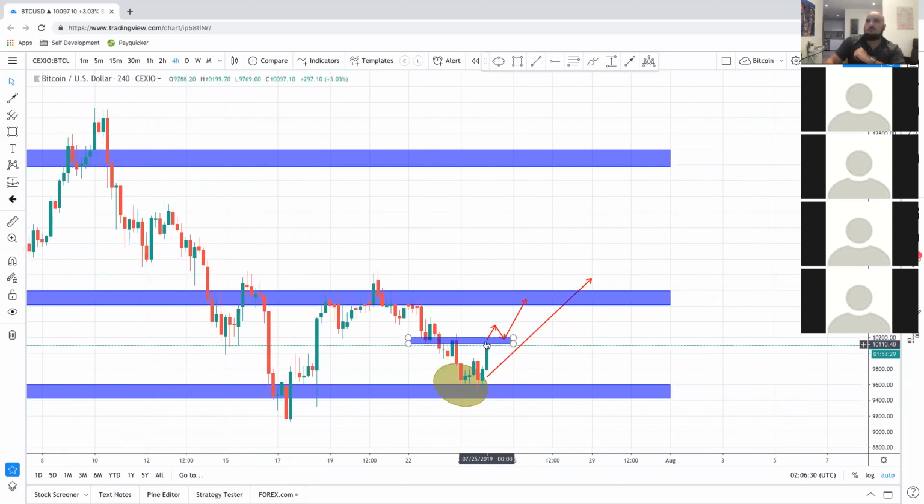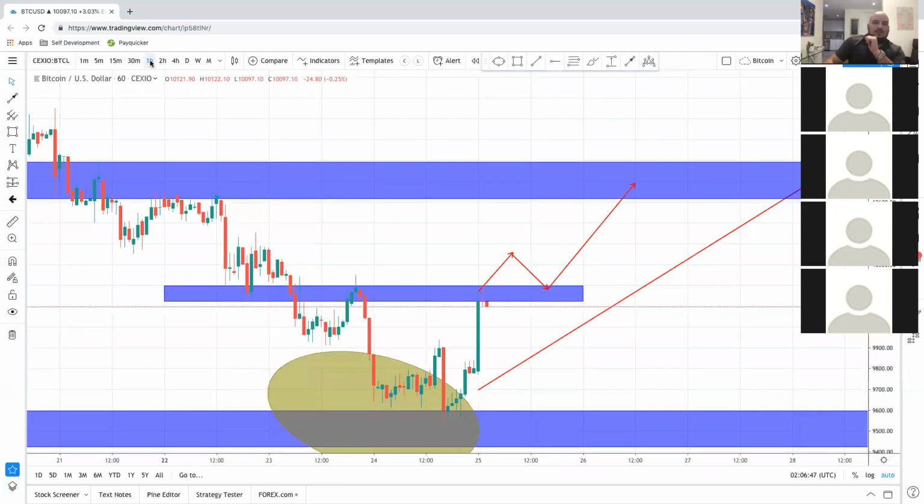I picture it blowing past this little zone here, and then maybe I would wait for a re-entry to confirm it. And if the candle's on a lower time frame, so we're looking at 4 hour, right? Let's say the 4 hour breaks through this zone on the next one, then I'll take it to the 1 hour and read the candles.